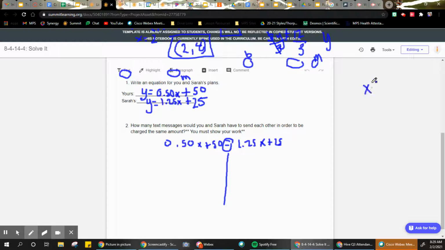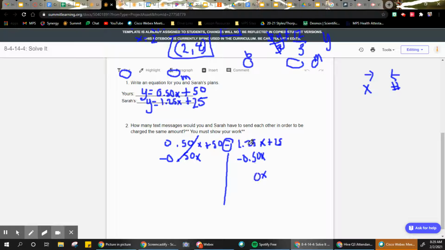So I'm going to bring all my x's over to the right and all my numbers over to the left. To bring my x's to the right, I have to get rid of this 0.5x. The opposite of a positive 0.5 is a negative 0.5, so 0.5x minus 0.5x cancels out. So minus 0.5x. We know that x is going to stay. 5 minus 0 is 0.